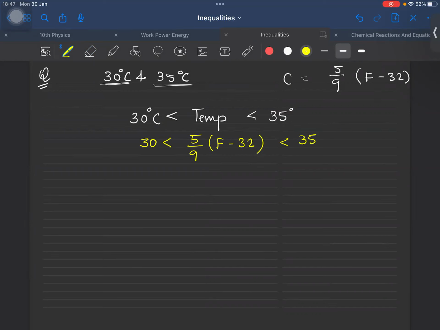So it's similar, you solve both separately. We can solve both together as well. Like, let's multiply throughout by 9. So 30 into 9 should be lesser than 5 into (F - 32) into 9/9, which should be lesser than 35 into 9.